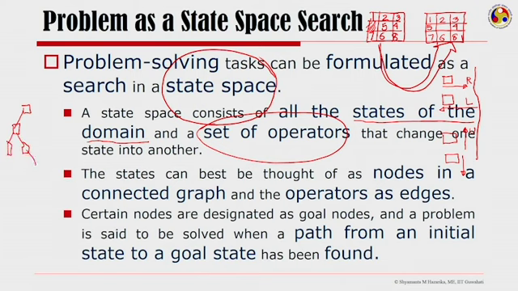And when I am looking for a solution to this problem, given a start state S and some goal state G, the solution is about finding a path from S to G. So, a path from an initial state to a goal state, if it is found, the problem is said to be solved. This is essentially what it means to solve problems as state space search.